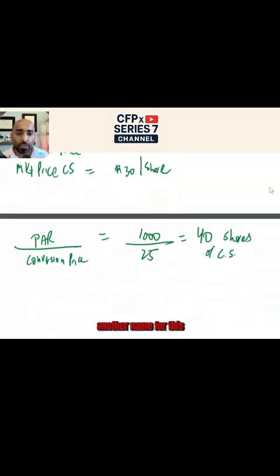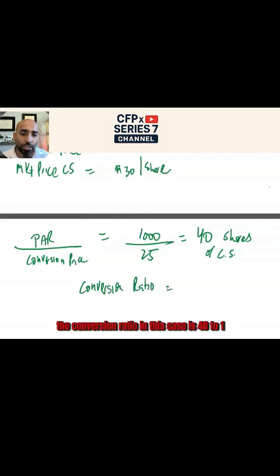Now, another name for this is conversion ratio, which in this case is 40:1, which means I can convert one bond into 40 common stock shares.